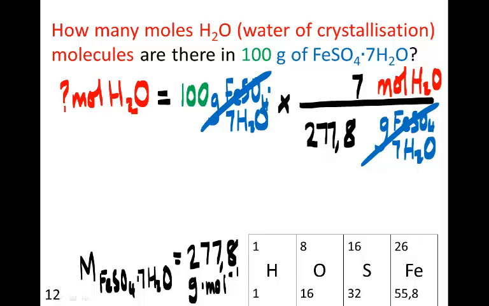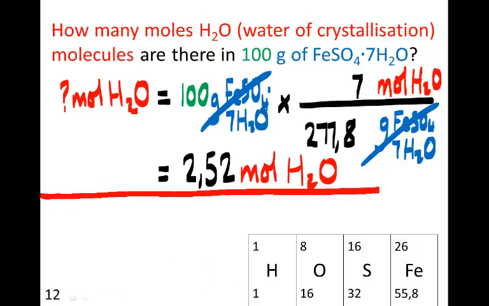The top is referring to how many moles of water are inside that mole of iron sulfate. 100 times 7, 700, divided by 277,8 gives you 2,52 moles of water.